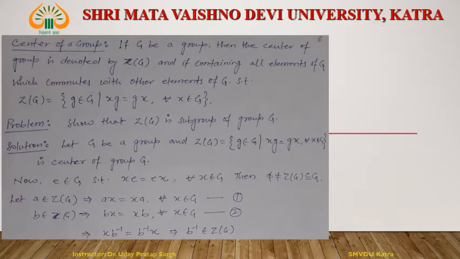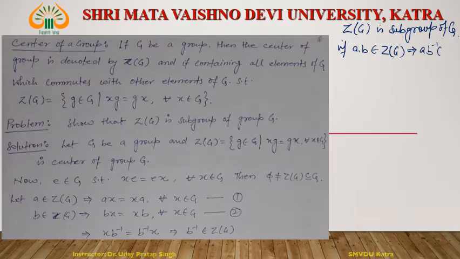Let us see how we will prove that Z(G) is a subgroup of G. Related to this, we already proved one theorem in subgroups: if a, b belong to Z(G), this implies that ab inverse belongs to Z(G). If this happens, then Z(G) is a subgroup of G.